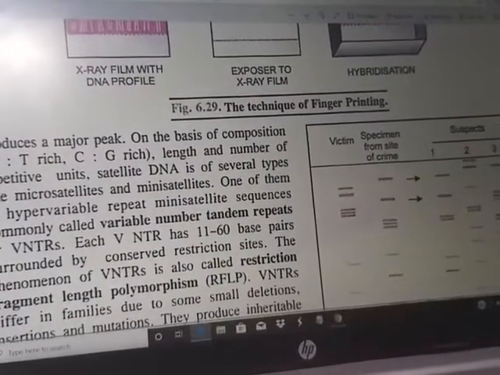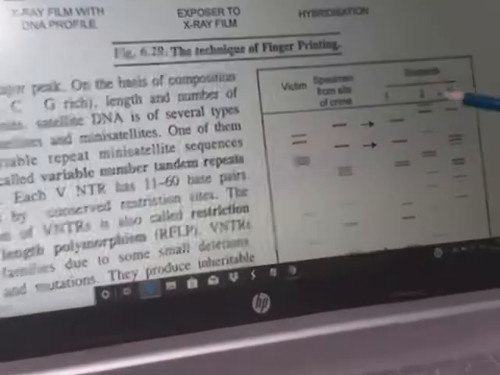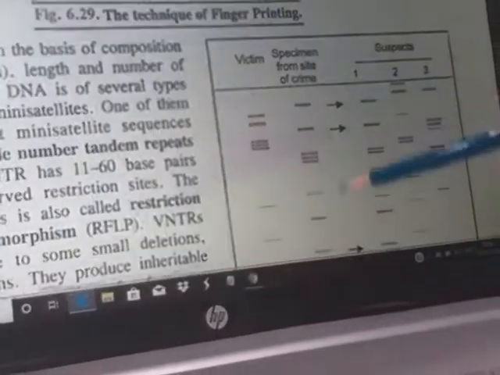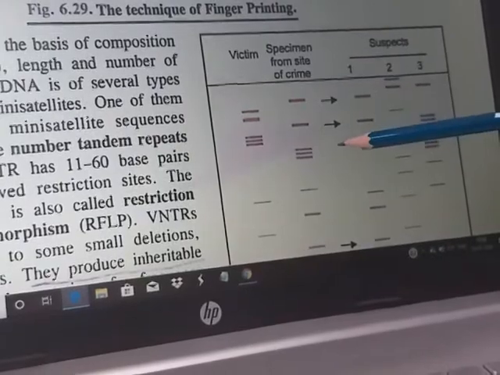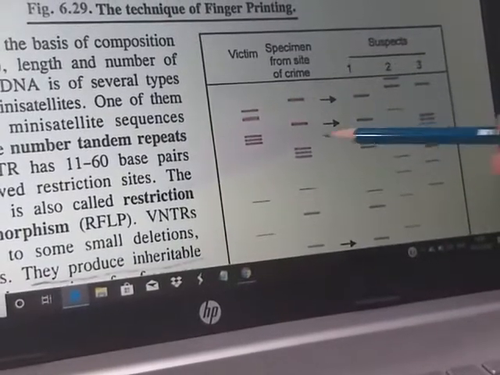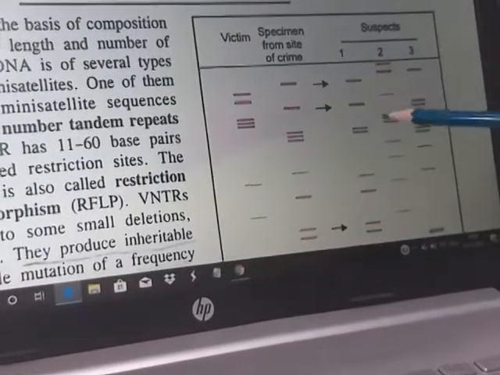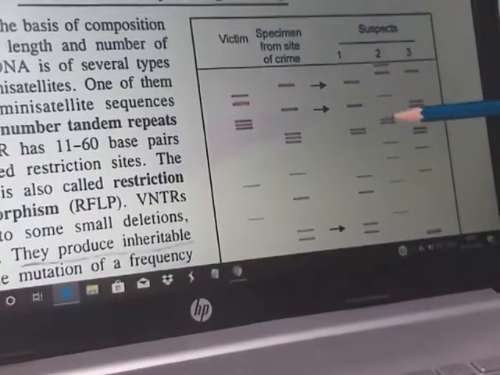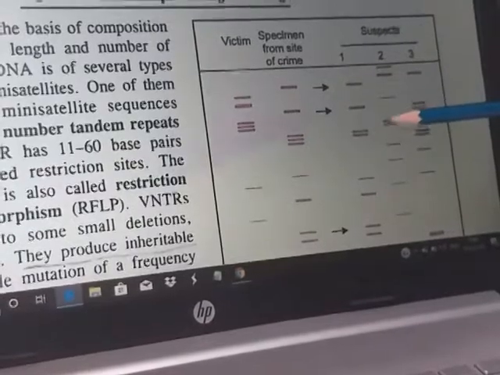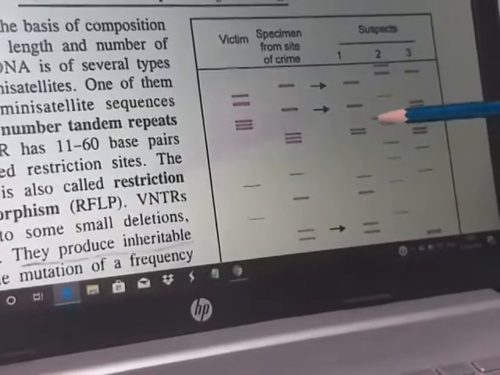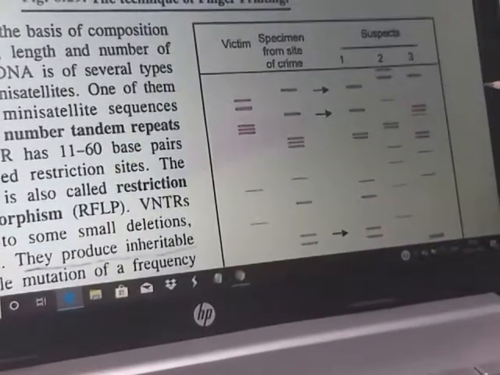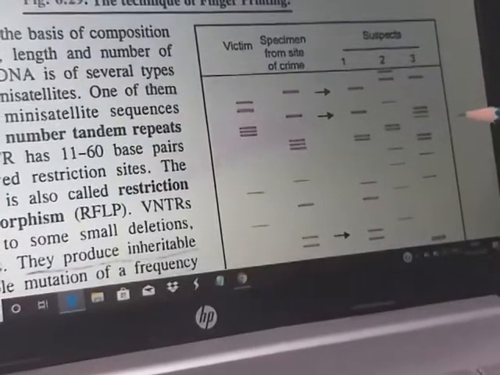Suppose these are the suspects 1, 2, 3, and this is the DNA obtained from the crime site, and we can compare with which case it matches, and then we can get the results. Means finally we will get certain bands, and these banding patterns are unique to a person and they will match. Similarly, paternity testing can be done.